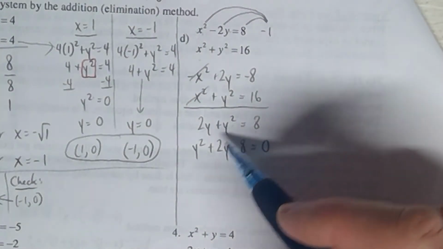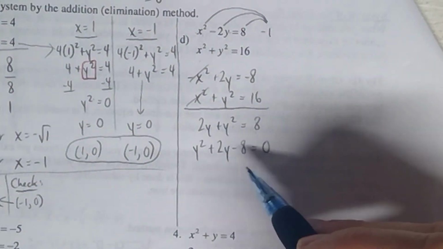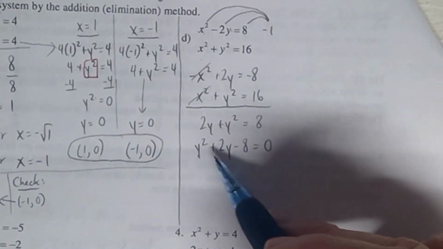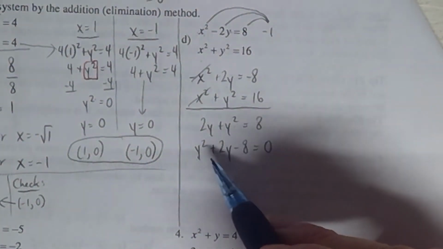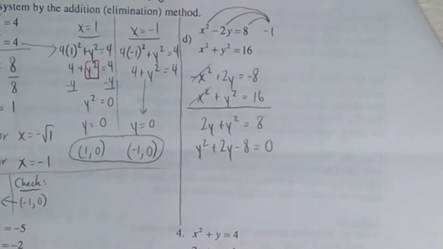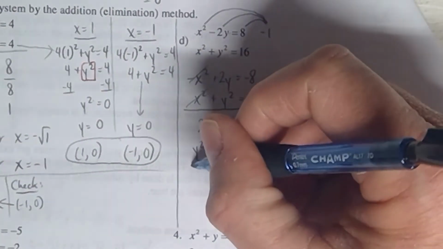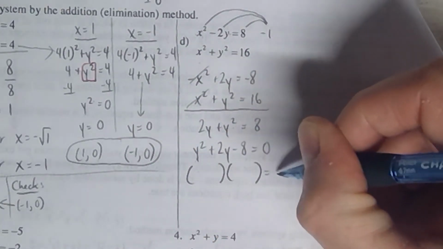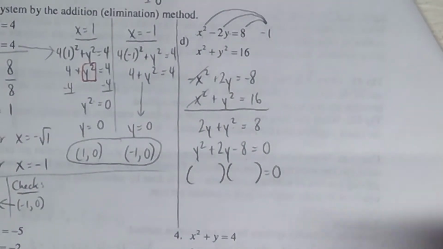But put it in this order, because whenever you have the y squared and the y and the constant term, you want it in that order. You want the y squared to be positive, and we did that. So now we can do the Berry method, as long as it's in that order and the y squared is positive.